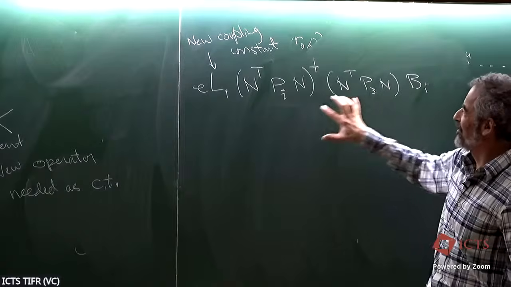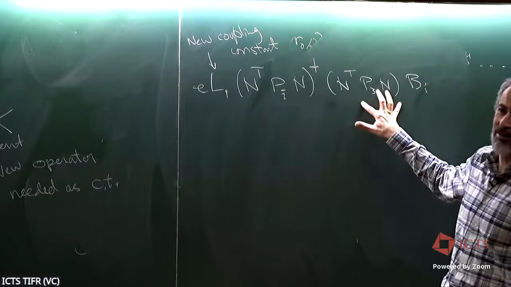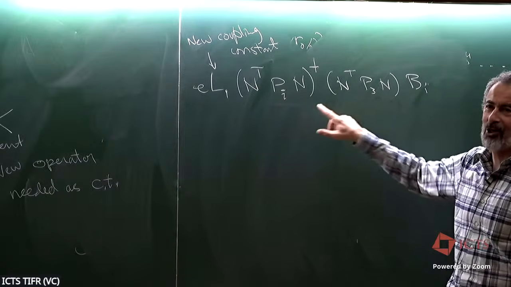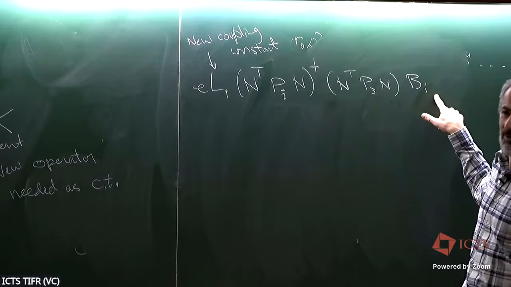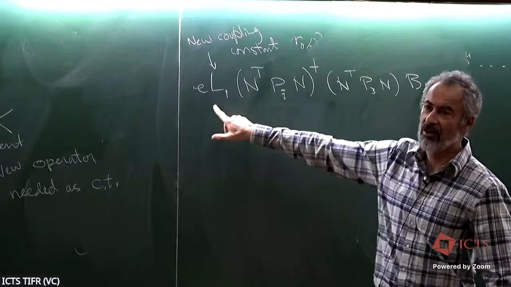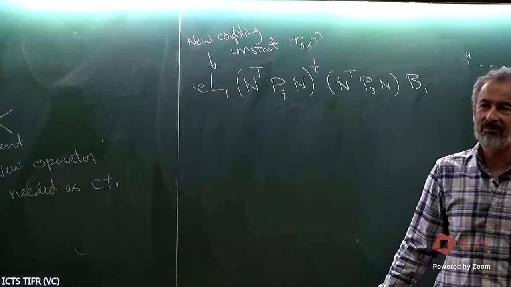It's got 2 N daggers, 2 N's, and some spin flavor projection operators. It's got to have a vector index to dot in with the B, to get the photon in there, and then it has an unknown coefficient. You're going to have to fit the data.